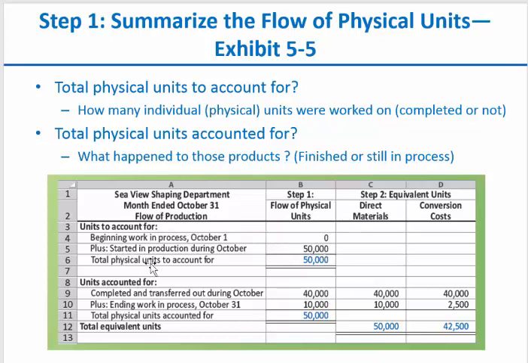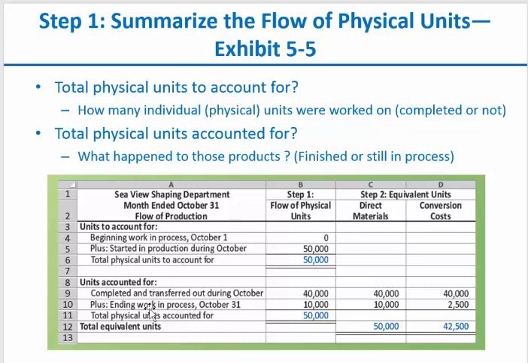So together, we have 50,000 physical units to account for. Whether they will be completed or not is irrelevant. All we care about is how many physical units we are going to consider in this period, in this month, or maybe in this manufacturing period.